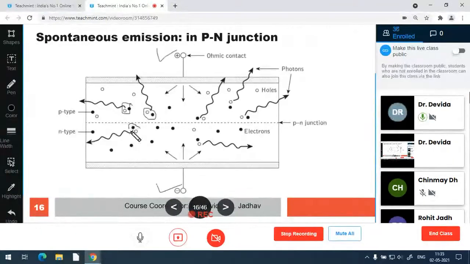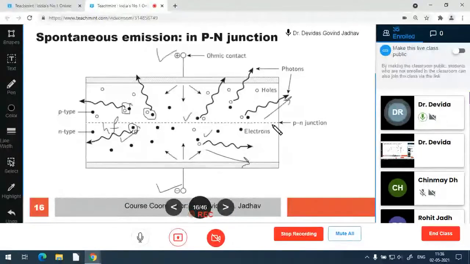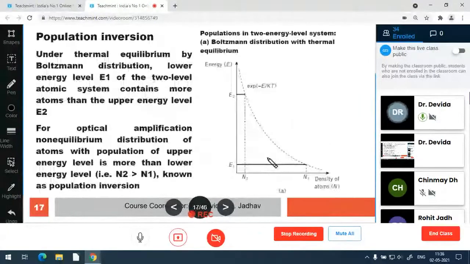That recombination gives photon emission, and all these recombinations are random and spontaneous and occur at any location. So spatial coherence is not there, direction is not there, and temporal coherence is not there. At what time the recombination takes place is also random. So this is spontaneous emission, which is incoherent.